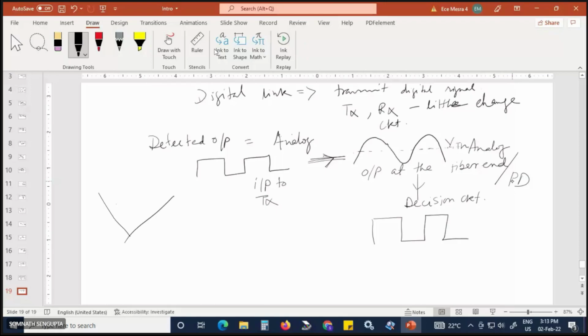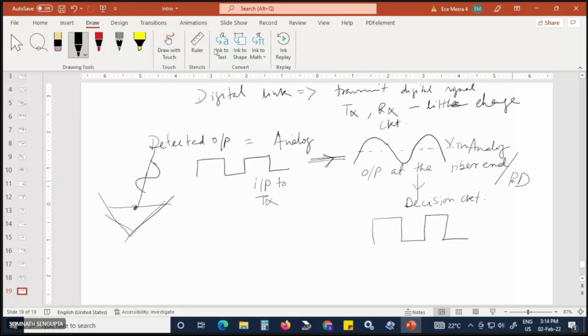You know that a biasing circuit is required so that the operating point should be kept at the middle, and transistor current flow should be only in the active region, not in the cutoff or saturation region. So to ensure that, you have to use some biasing circuit in the case of analog signal transmission.